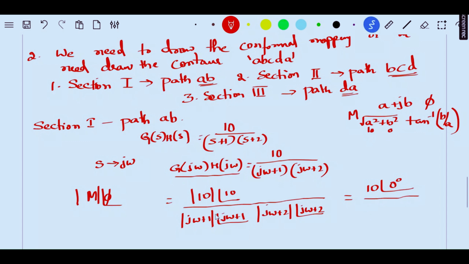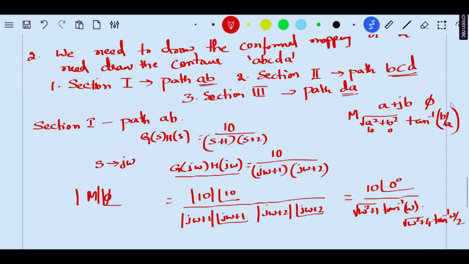Divided by the magnitude of j omega plus 1, which is root of omega square plus 1 square, which is 1; the angle is tan inverse of omega by 1, which is omega; into the magnitude of j omega plus 2, which is root of omega square plus 2 square, which is 4; into tan inverse of omega by 2.